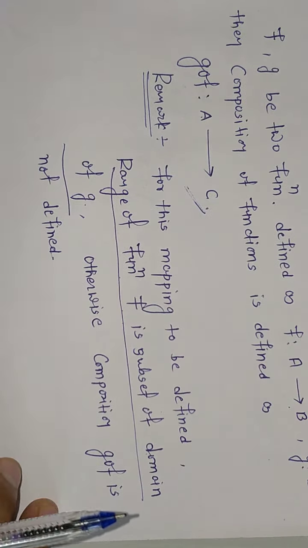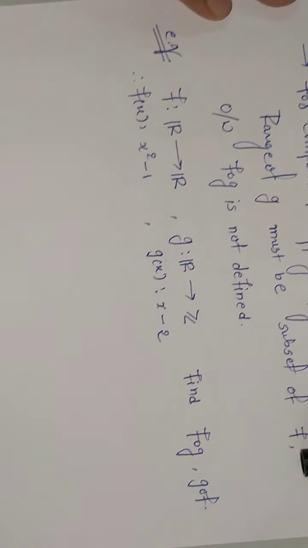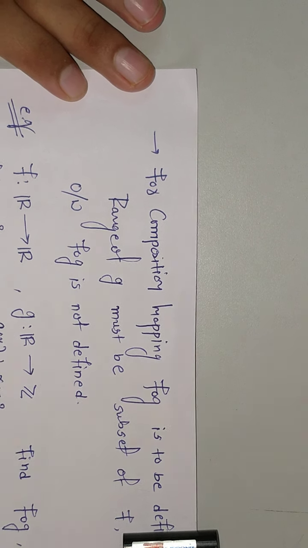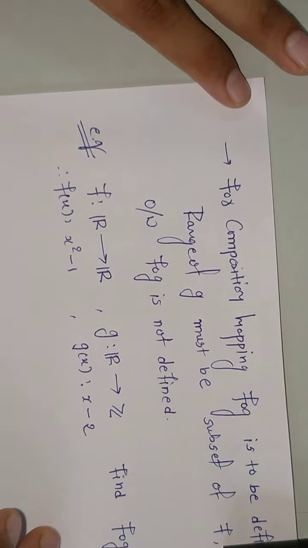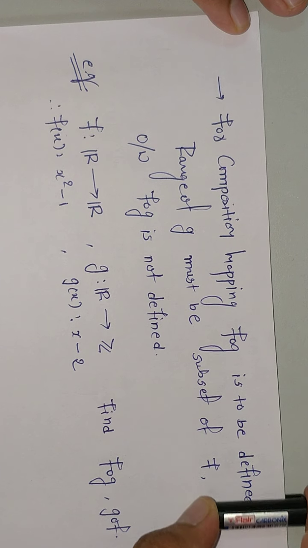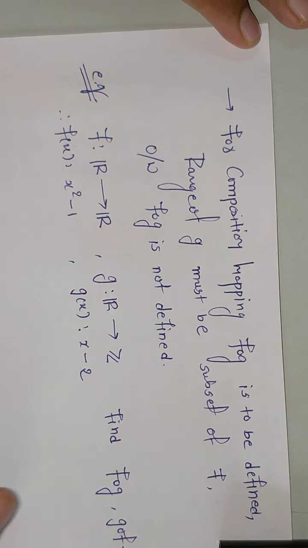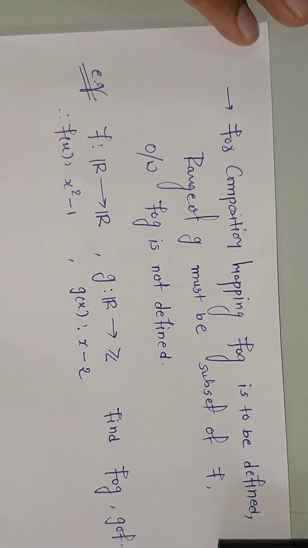In the same way we can define another composition, which is f of g. The first one is g of f, and we read them as fog and gof.